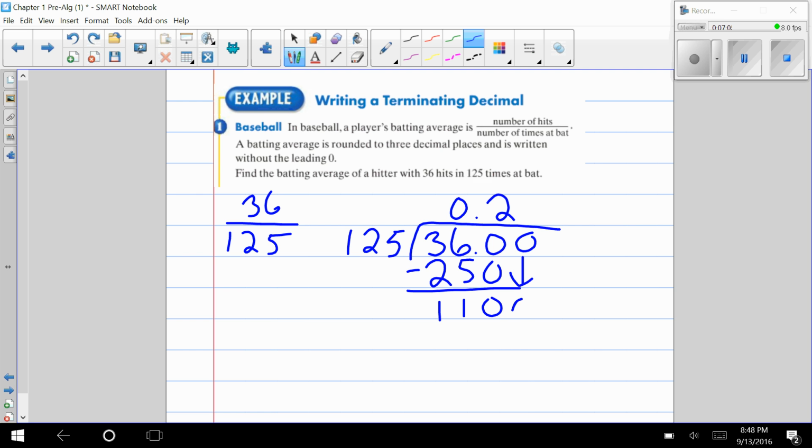Add a 0, bring it down. How many times does 125 go into 1,100 is the question next. We have to think about it. I would think 8. 8 times 125 is 1,000. So we're going to subtract, and I have 100 left over.